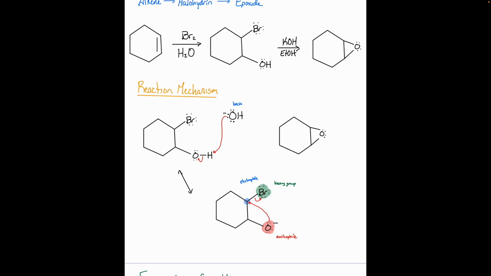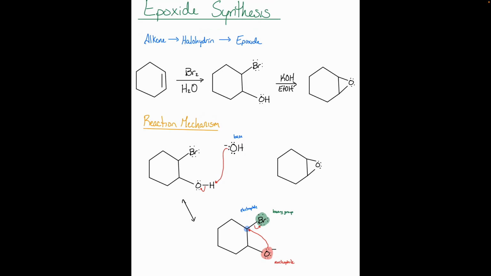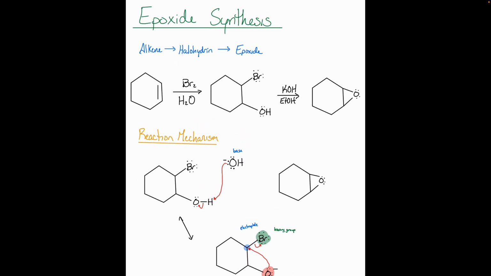Okay? So that's one way that we can make epoxides: by taking an alkene, first turning it into a halohydrin, and then turning it into an epoxide.